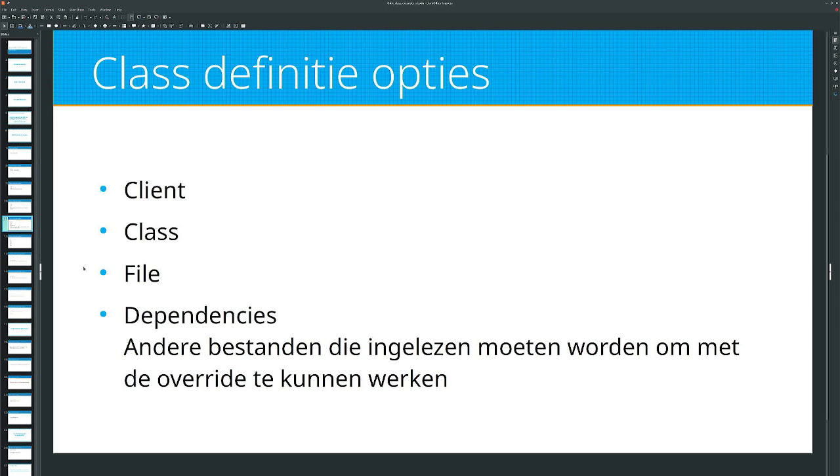So with the dependencies, you can say, if there's a require once, you should load this file, you should load that file, and the class extender will load this file before it starts loading your class. This way you can make sure that any dependency classes are already loaded. I'll have an example of that later as well.